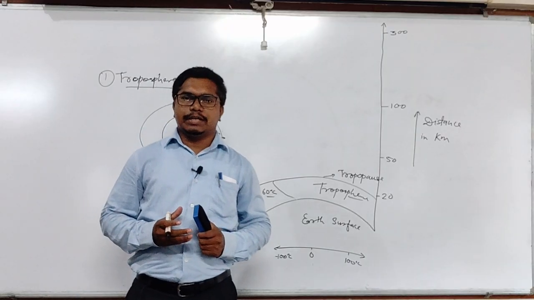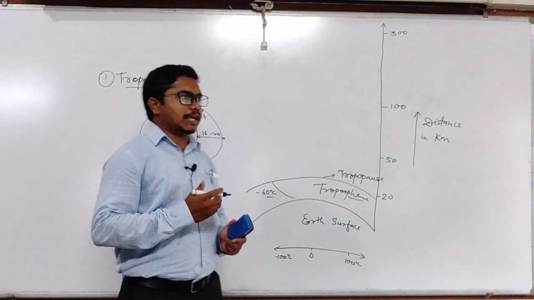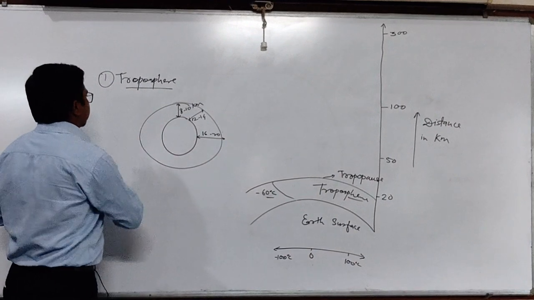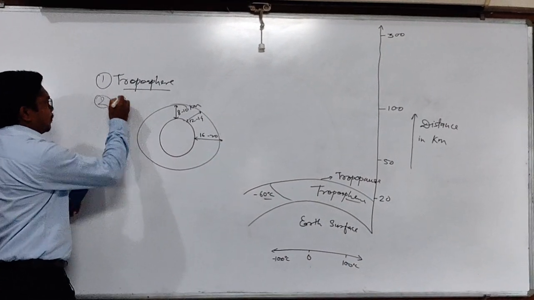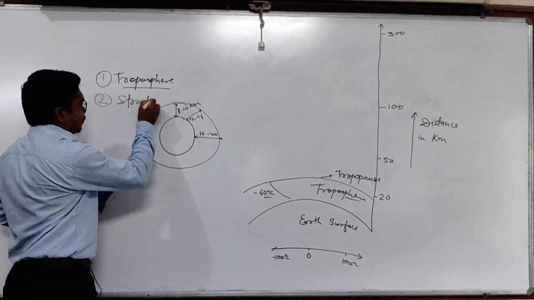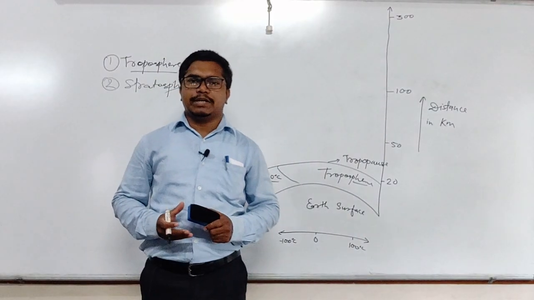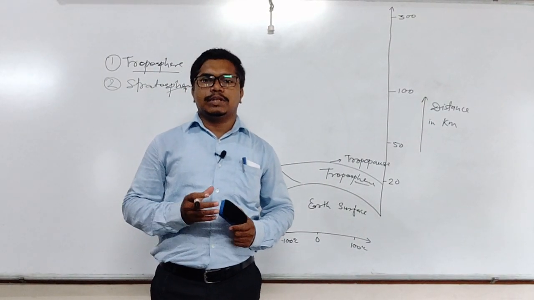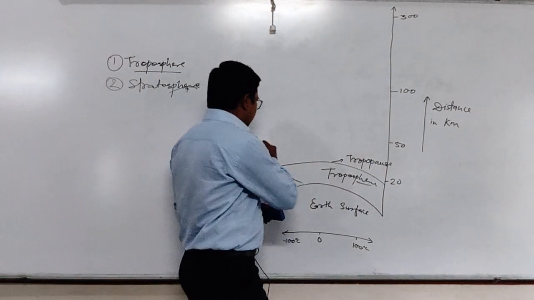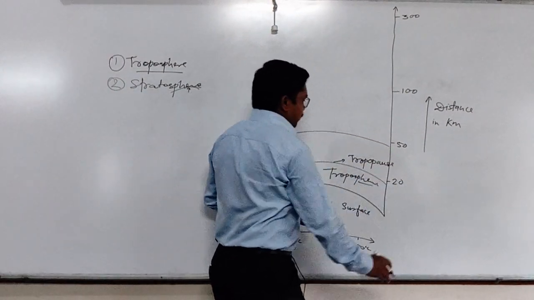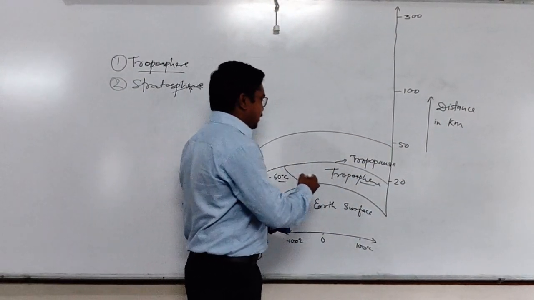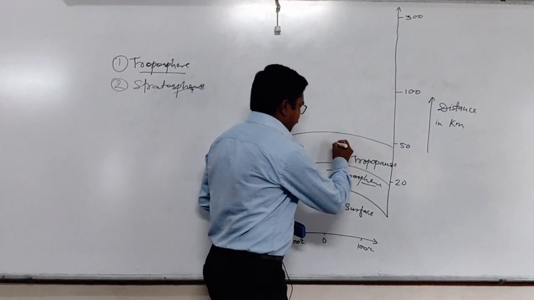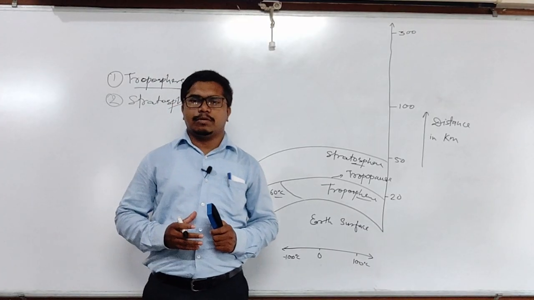Next to the tropopause, there is a second layer that is called stratosphere. This stratosphere is present up to a height of 30 km from the troposphere. This zone is free of cloud.